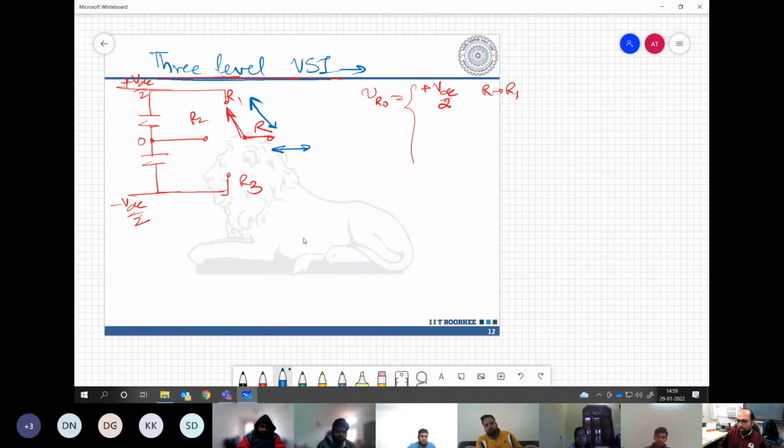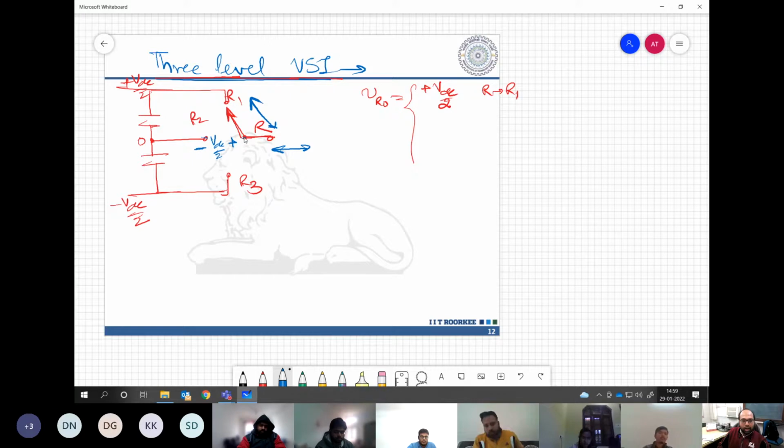Now what about the voltage blocking capability of RR2 and RR3? What is the polarity between R and R2? R is positive and R2 is negative. And the magnitude is VDC by 2. Keep the numbers in mind very clearly.